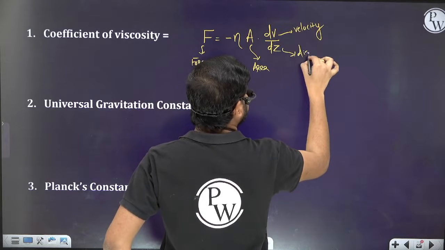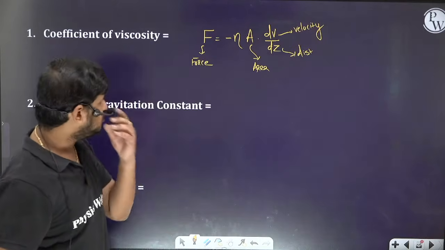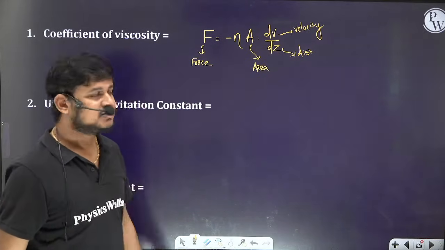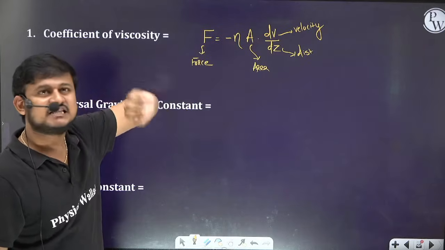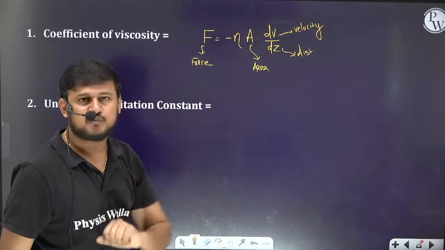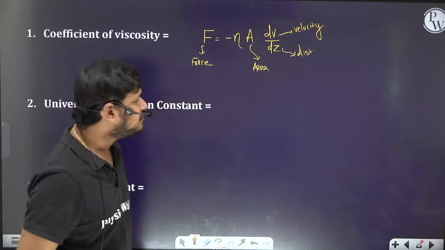You know the dimensions of everything: force, area, velocity, distance. So you just substitute all the dimensions and get the dimensions of eta. That's one method, so take that as homework.